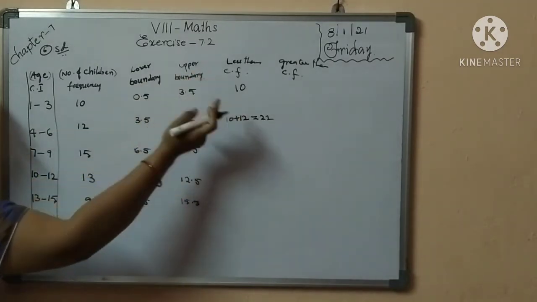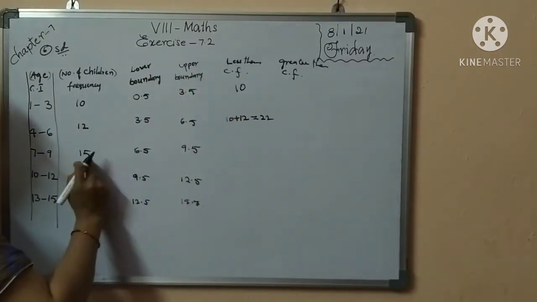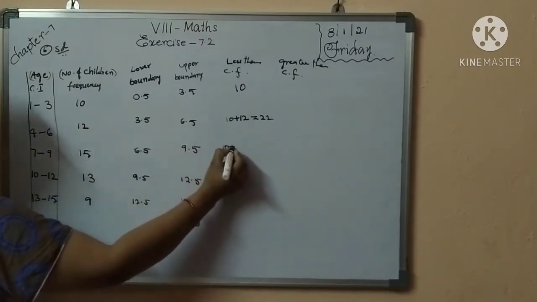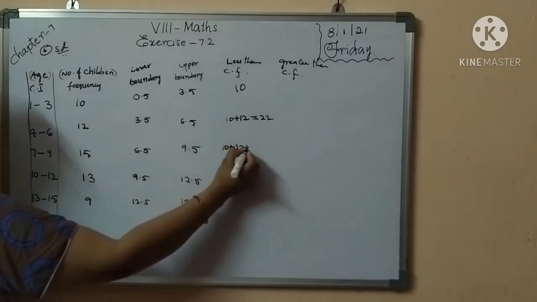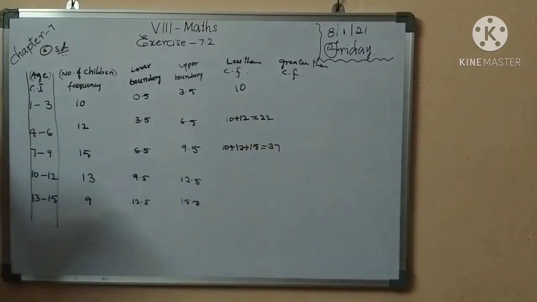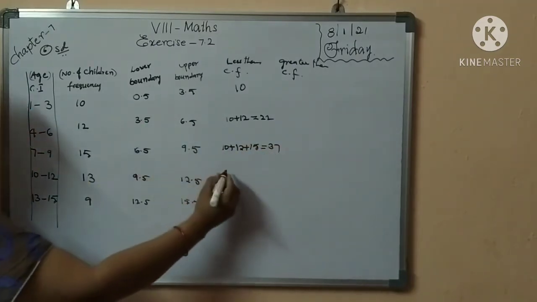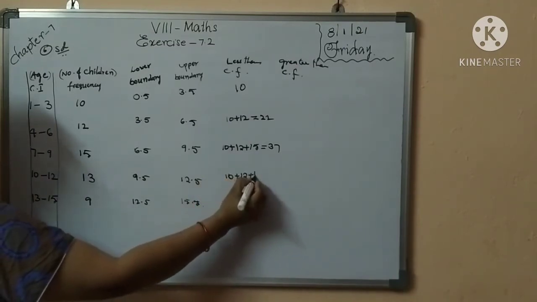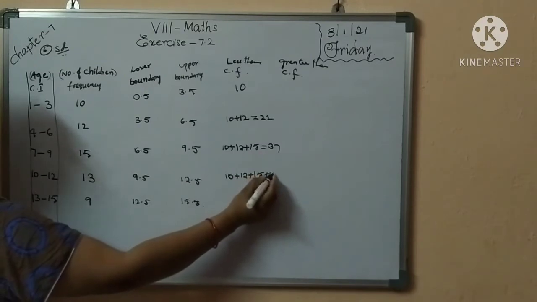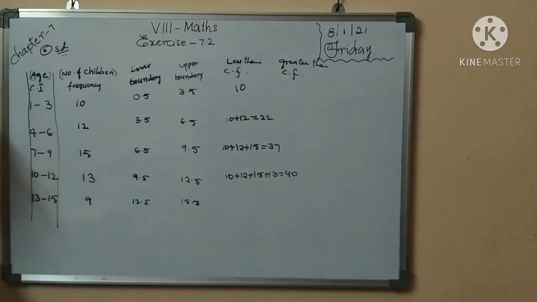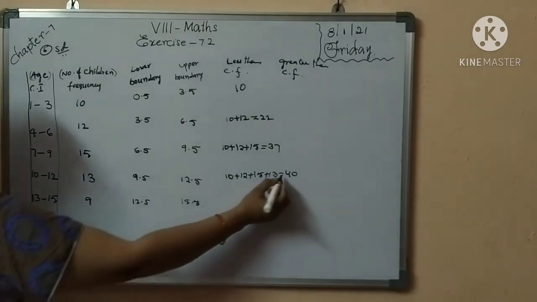Next 7 to 9, here 15. 10 plus 12 plus 15 equal to 37. So here 10 plus 12 plus 15 plus 13. It is 40. Sorry, here 50.